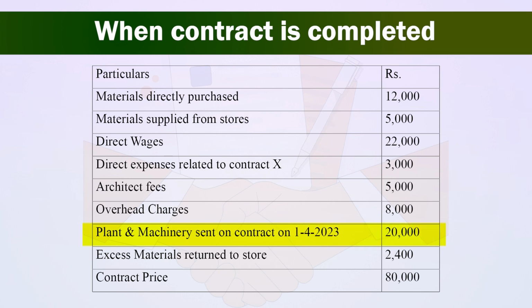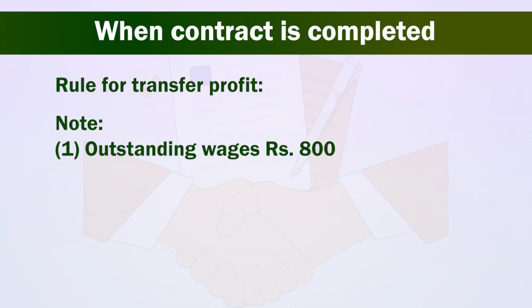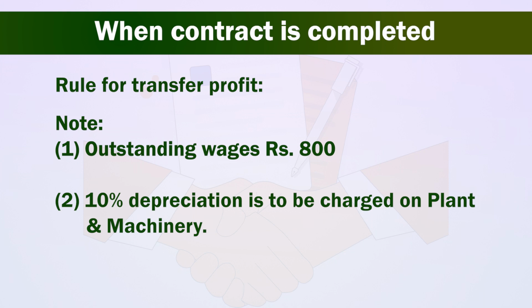Plant and machinery sent on contract on 1st April 2023, opening balance rupees 20,000, excess materials returned to store rupees 2,400 and contract price rupees 80,000. Note that outstanding wages rupees 800, 10% depreciation is to be charged on plant and machinery.